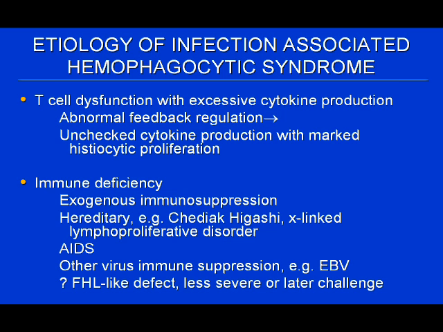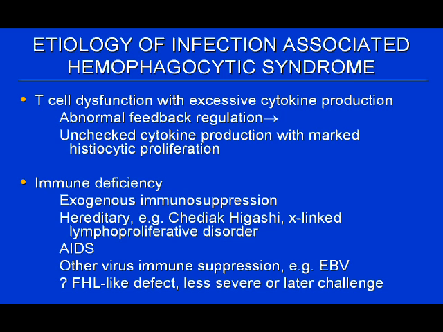All right, so we know that most cases of the inherited form of hemophagocytic lymphohistiocytosis result from a gene mutation, a perforin gene mutation. What's the cause of the acquired form, which may occur in older adults even, and in young patients that get infected with EBV or some other virus?